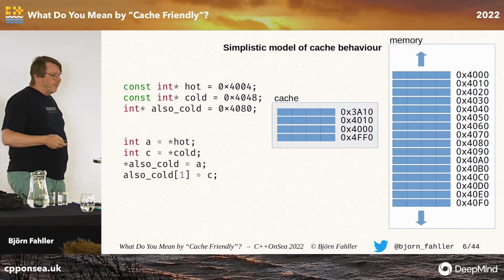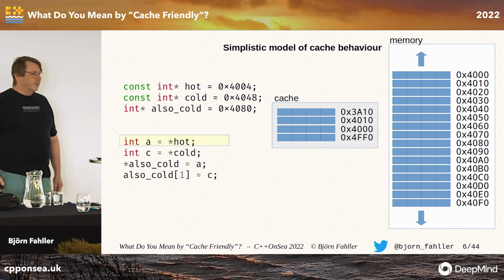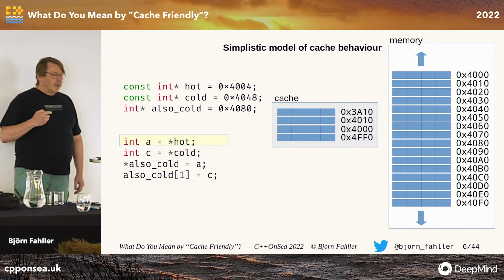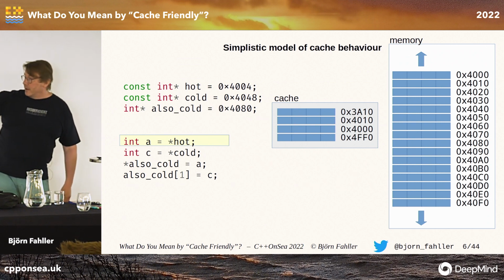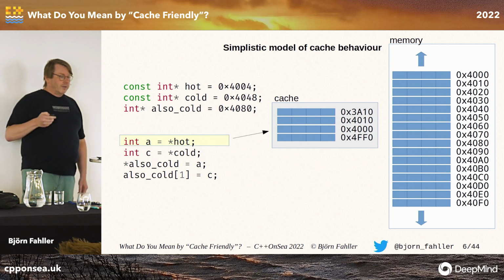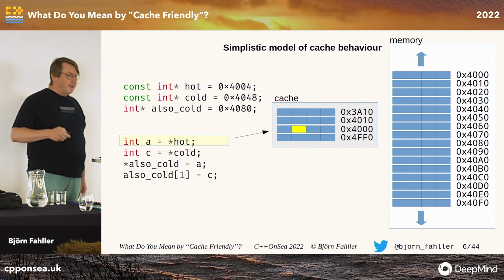And what happens here if we try to run this program? So I want to read from this pointer hot at 4004 hex. We can see that 4004 is in the cache on the second line from the bottom. So this is a super fast access. It's a cache hit with just boom, almost no time at all.